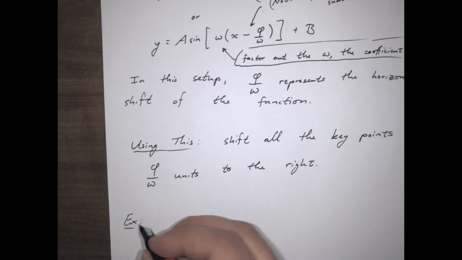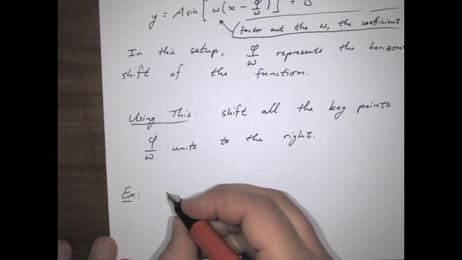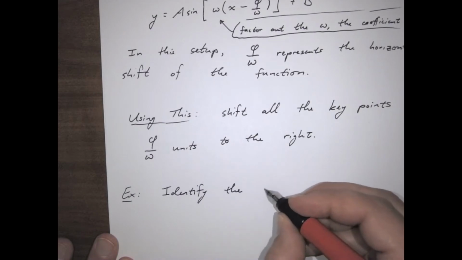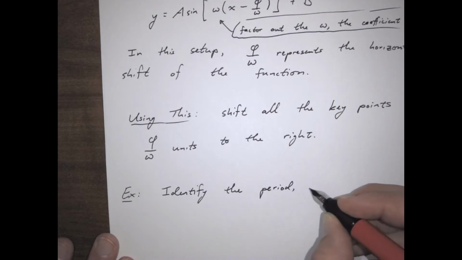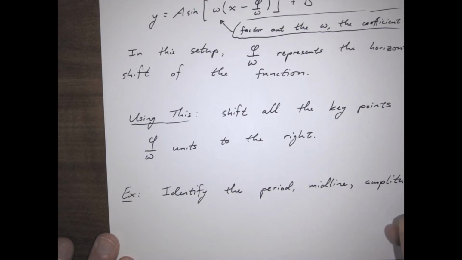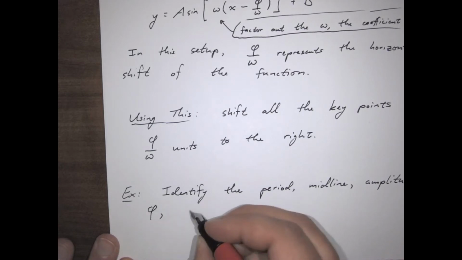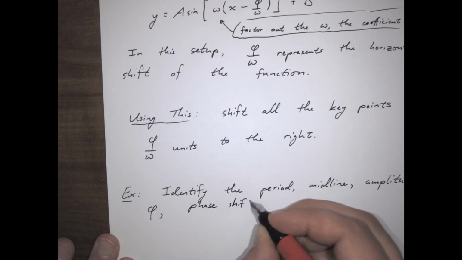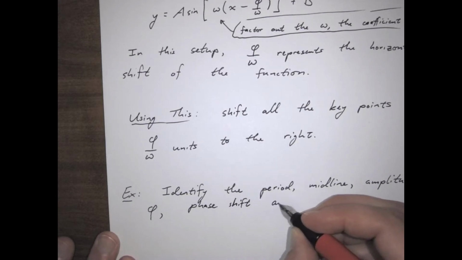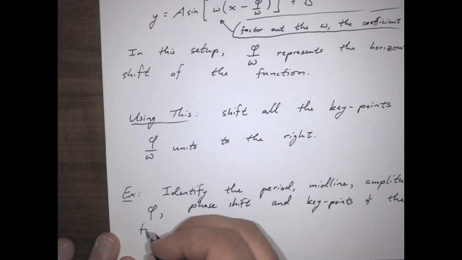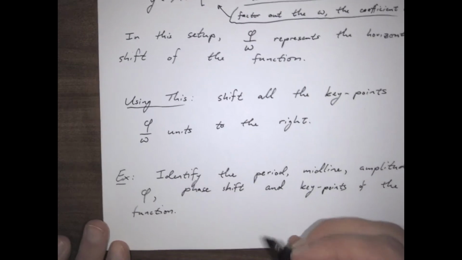Okay, let's just launch into this and give it a try. So as an example, for all of these, identify the period, midline, amplitude, phi, phase shift, and key points of the function, and then sketch a graph.